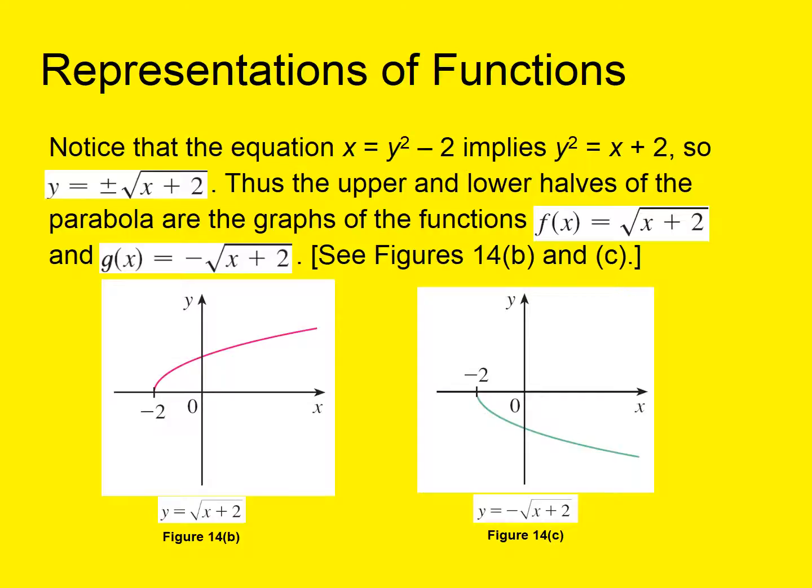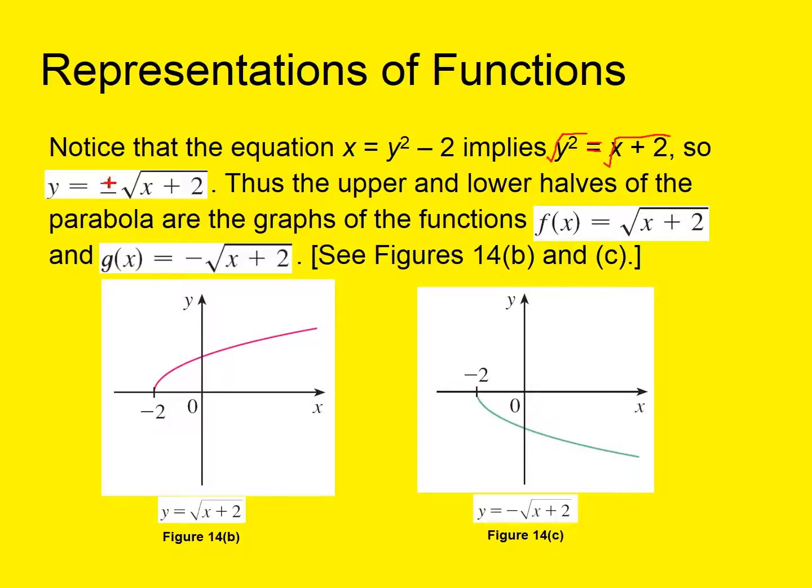If you were to solve for y in that equation that we had, x equals y squared minus 2, okay, so add 2 to both sides, and y squared equals x plus 2, then take a square root of both sides, and of course when you take a square root of both sides, one side is plus or minus.